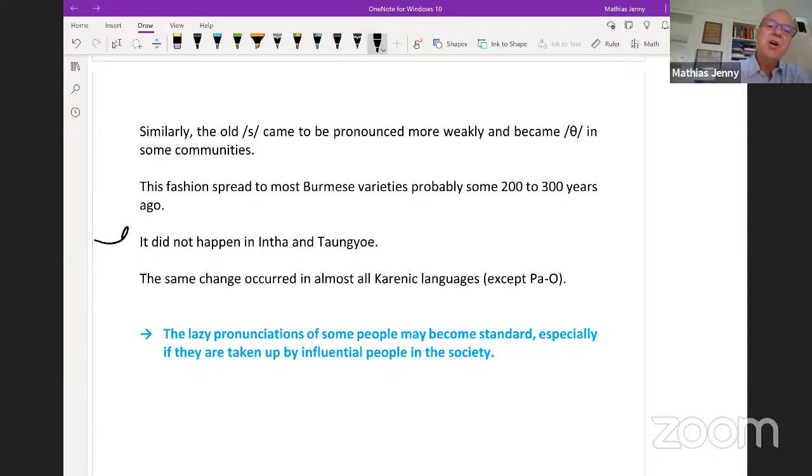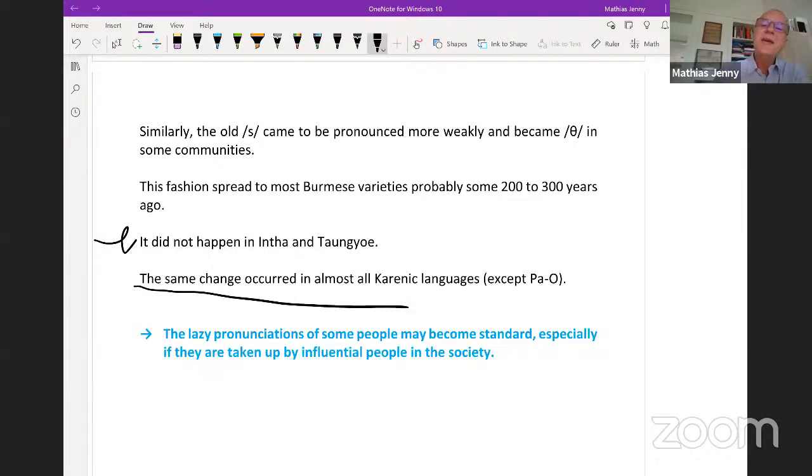Again, this change did not happen in Inta and Taungyu. So the Inta call themselves Angsha and not Inta. And if they eat pork, they would say Westha Sare. So the change did not happen everywhere, but it became standard in Burmese and Arakanese as well.